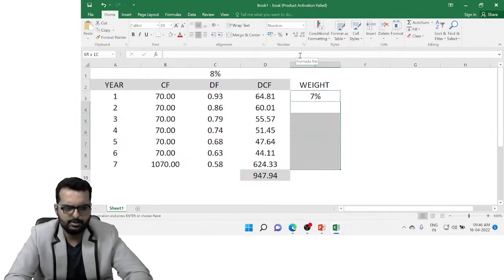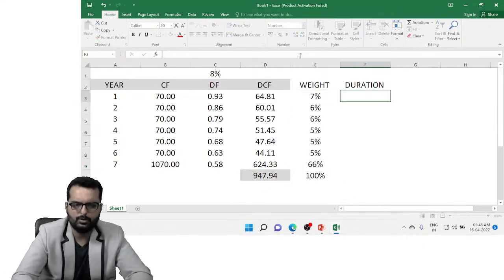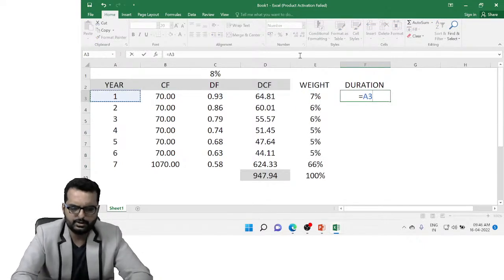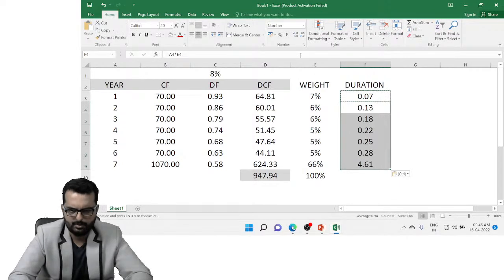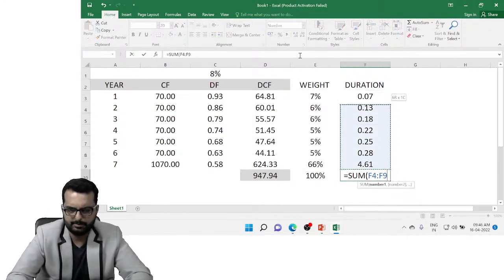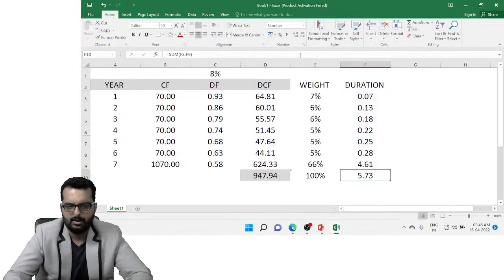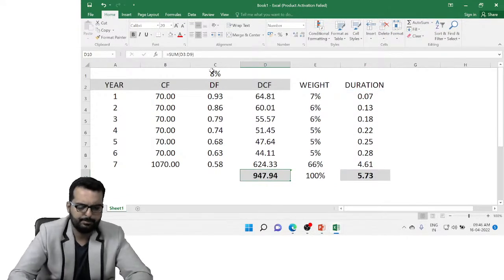And if I just pull it down, I'll get the entire thing coming in here. And here I can find out the duration. Formula for duration will be year multiplied by weight. If I do this and I just give a sum of this entire thing, I get the duration as 5.73.